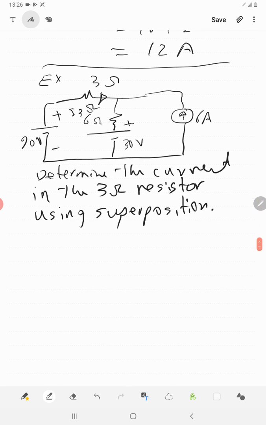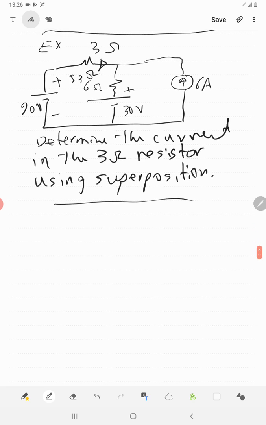Okay, so if we look at the circuit, we have 3 sources. It means we should construct 3 independent circuits. The first circuit has 3 ohms, 6 ohms, and the source plus minus 90 volts.